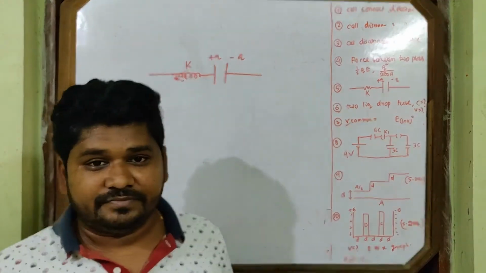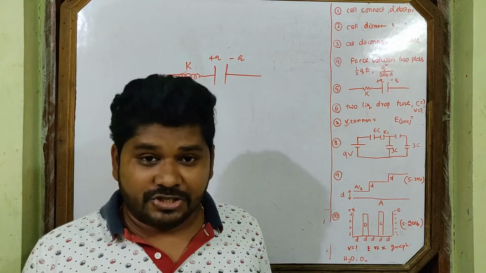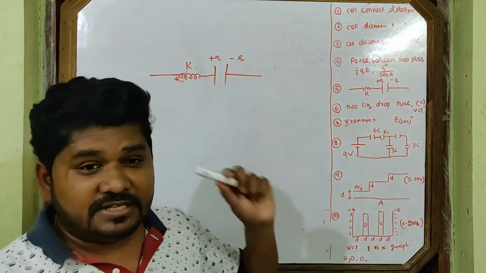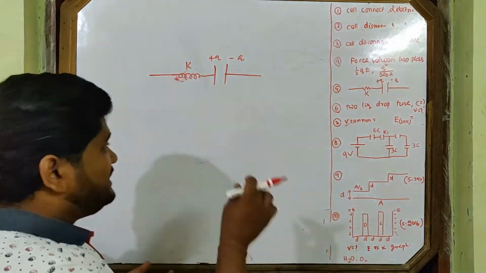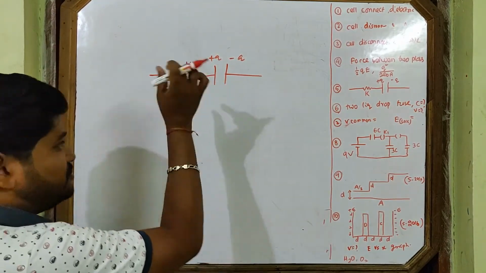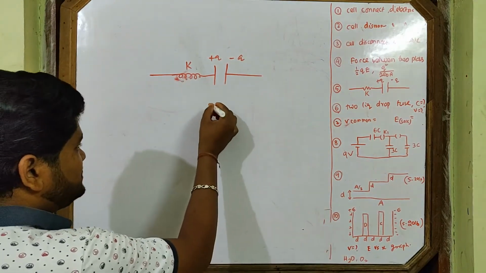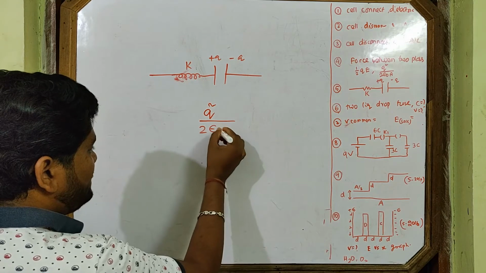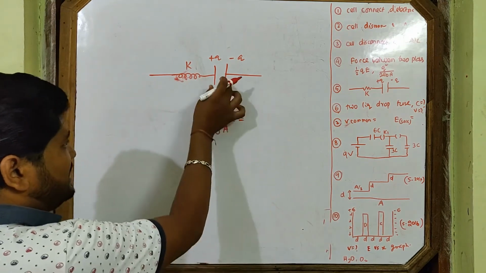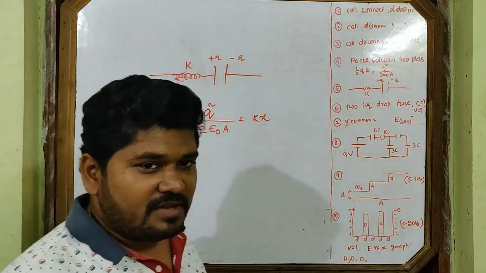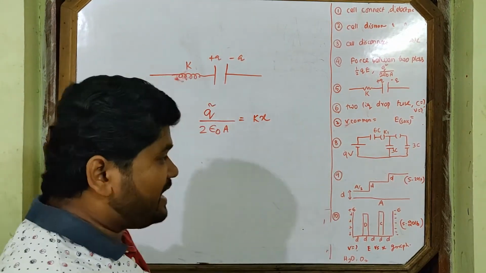This is the question. Simple thing. The spring extends because of the force between two plates of the capacitor. What is the force between two plates of the capacitor? Q square by 2 epsilon naught A, and that is equal to the spring force Kx.